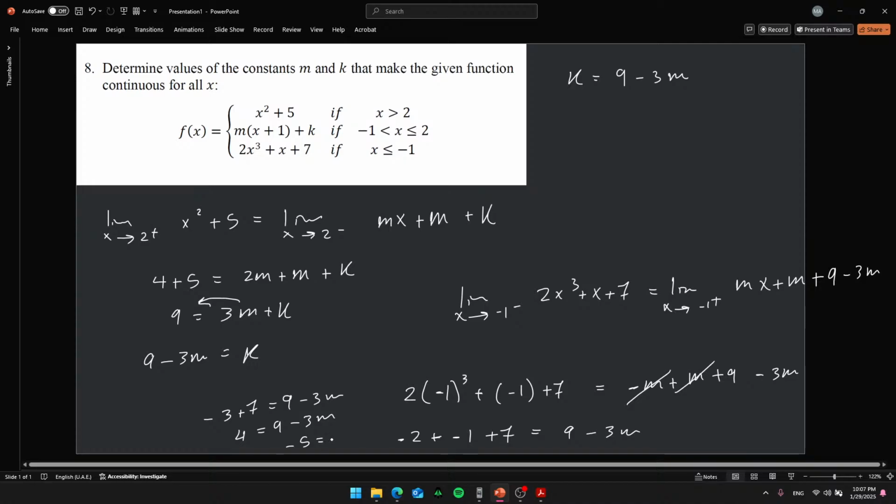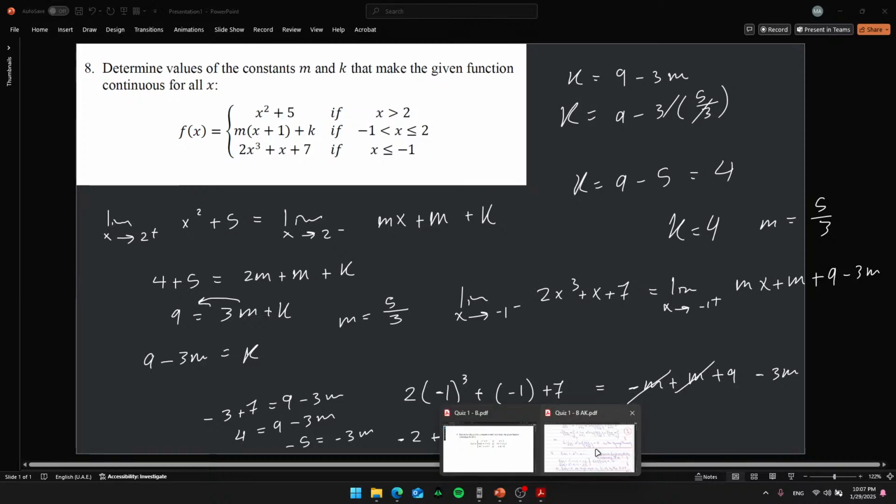Negative 5 equals negative 3m. Divide by negative 3, so m is equal to 5 over 3. Now to find k, just plug in m, 5 over 3, so k is equal to 9 minus 5, which is 4. So k is equal to 4, and m is equal to 5 over 3.